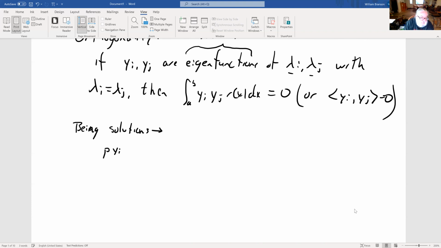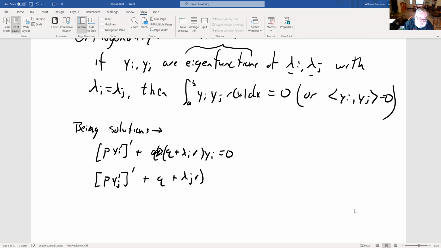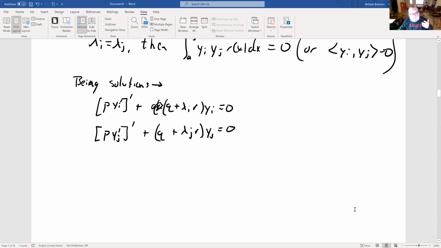So (p yi prime) prime plus (q plus lambda i r) yi equals 0, and (p yj prime) prime plus (q plus lambda j r) yj equals 0. Keep in mind that p, q, and r are functions of x, and x is between a and b, and yi and yj are also functions of x, but they're solutions to the equation.